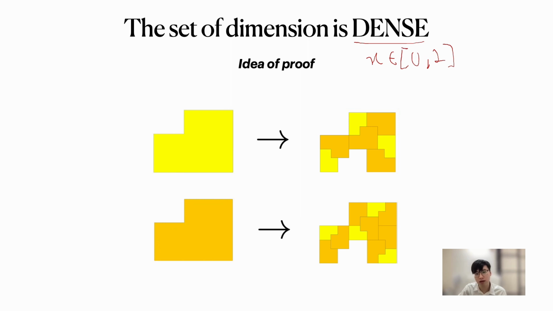But if we have an x, we can always find a d that is arbitrarily close to x, and this d has a fractal. So maybe x is 0.1, and there always exists a d such that maybe d is 0.100001. It's very, very close to x, and we can find a fractal for this d.